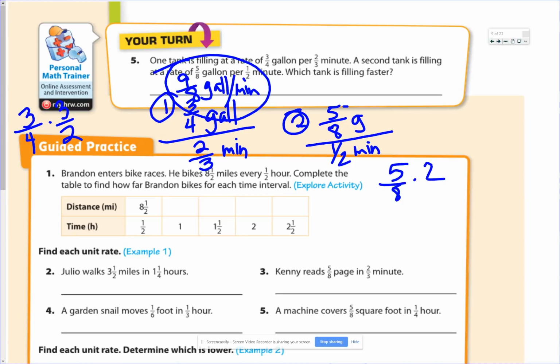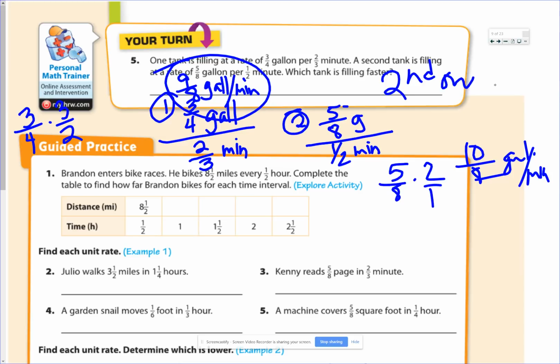When I do that, I get 10/8, which is automatically bigger than 9/8. If you put it in simplest form, it's 5/4. Okay, but this ends up being 10/8 gallons per minute. All right, which means which tank is filling faster? The second one.